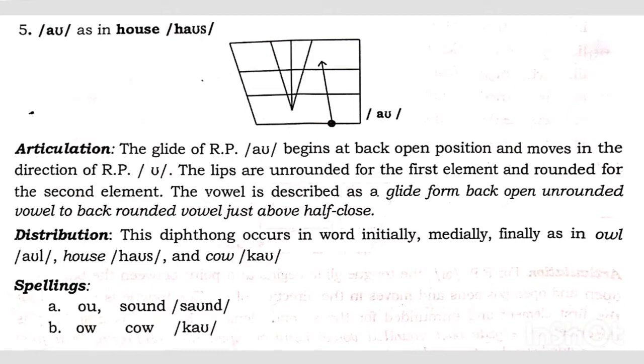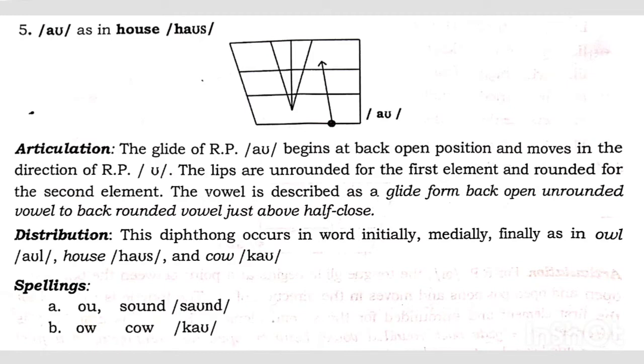The vowel is described as a glide from a back open unrounded vowel to a back rounded vowel just above half close. Distribution: this diphthong occurs initially, medially, and finally, as in owl, house, and cow.